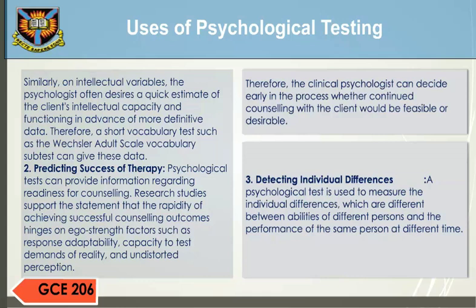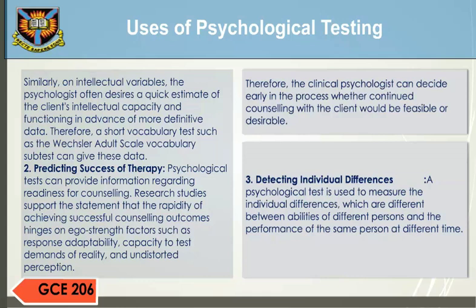Therefore, a short vocabulary test such as the Wechsler Adult Scale Vocabulary Test can give such data. 2. Predicting success of therapy. Psychological tests can provide information regarding readiness for counseling.